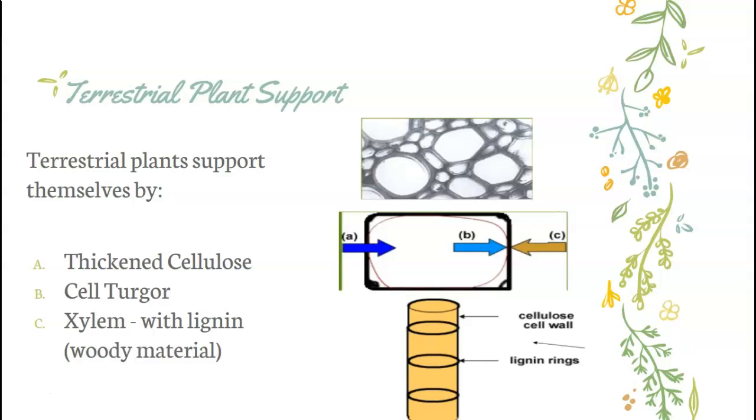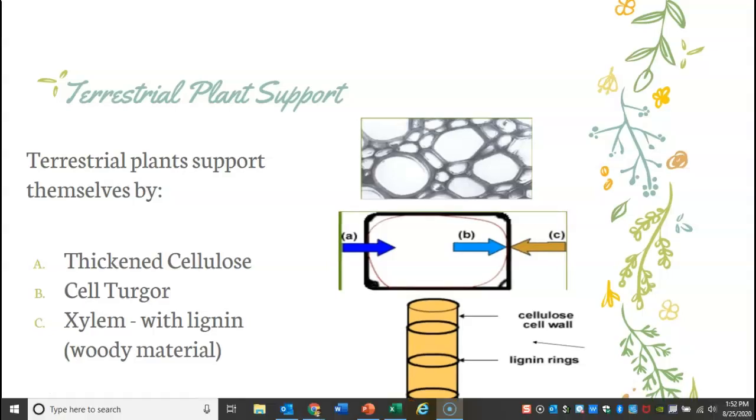Number one is thickened cellulose. So cellulose is part of like a carbohydrate chain. It's the number one product found in cell walls.